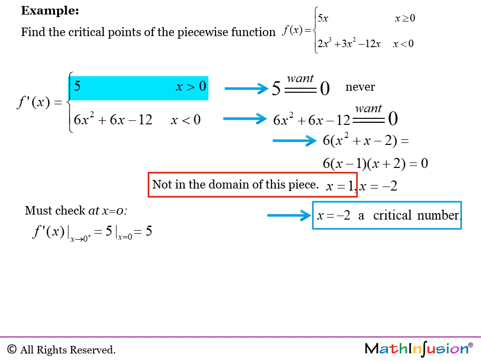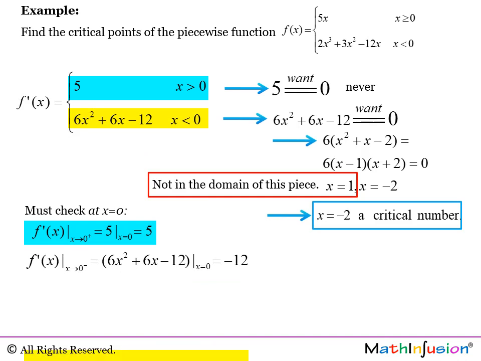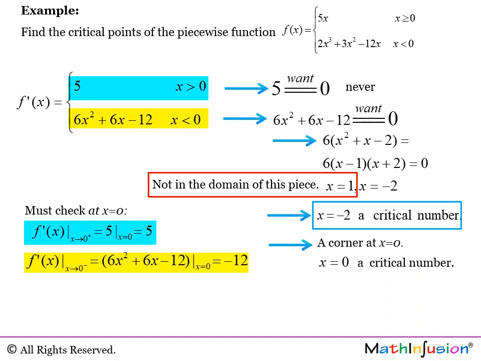So the derivative from this side is 5, which means that the slope of the graph is 5. From the other side of the 0, we have to substitute 0 in the derivative, and we get -12. We see a corner at x equals 0. So x equals 0 is also a critical number of this function.